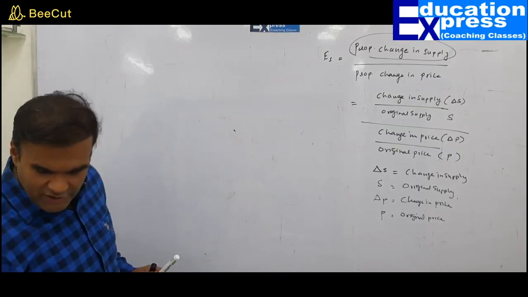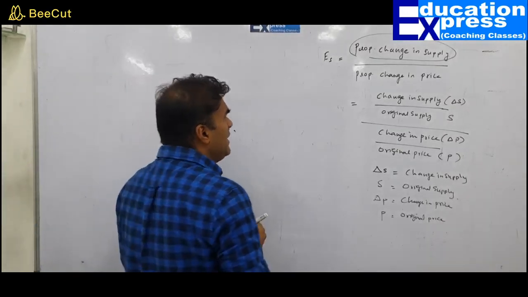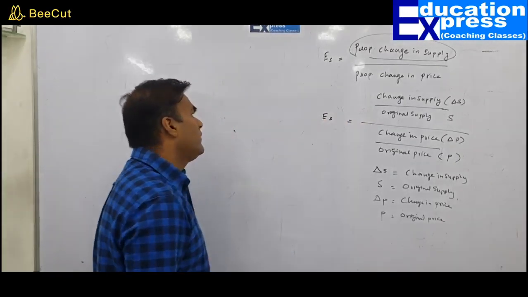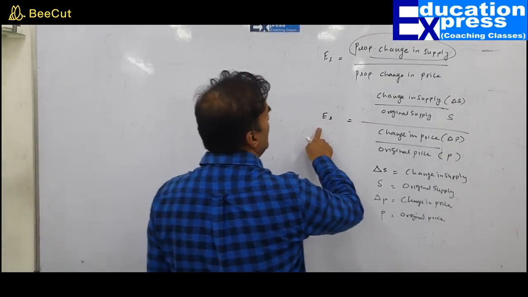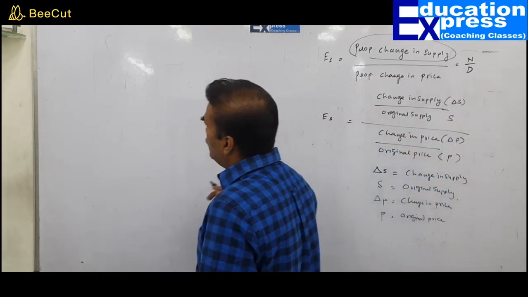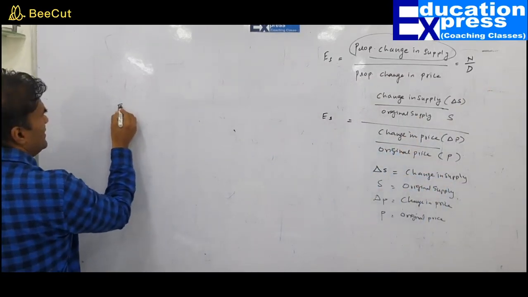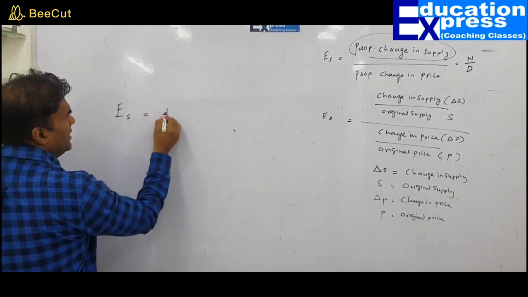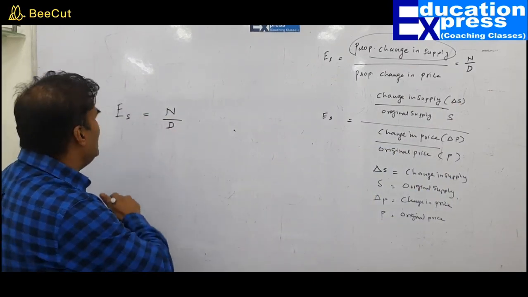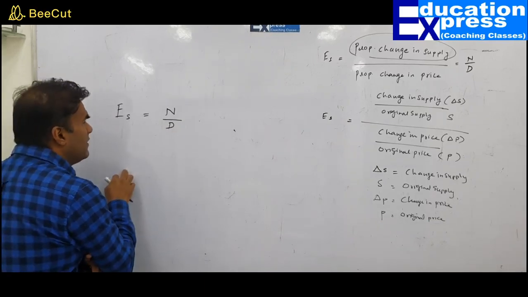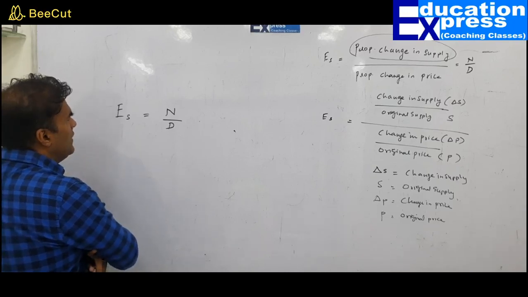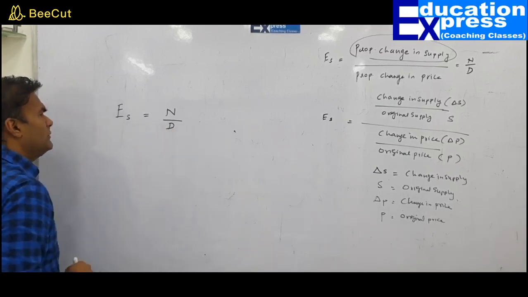Okay, before we proceed, can I say this is nothing but elasticity of supply? Now, elasticity of supply is nothing but numerator upon denominator. So, if my elasticity of supply is nothing but numerator upon denominator, then how many possibilities can be made? In short, what I am asking you is, what are the possible outcomes?